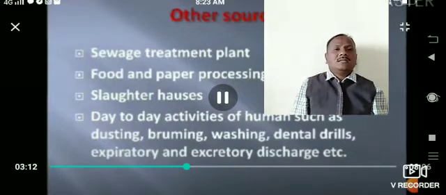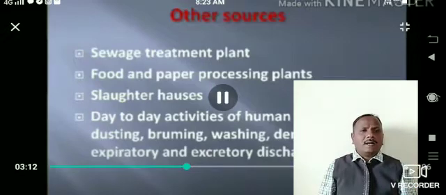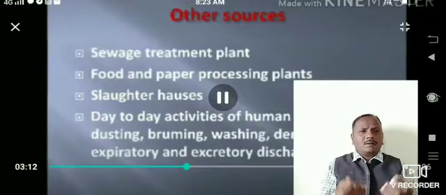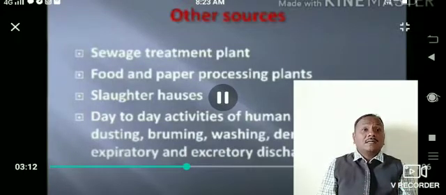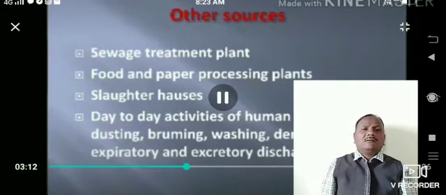Apart from that, the sewage treatment plant. During sewage treatment, the droplets of sewage water get mixed into the air, and not only the droplets but also the microorganisms of the sewage get mixed in the air.